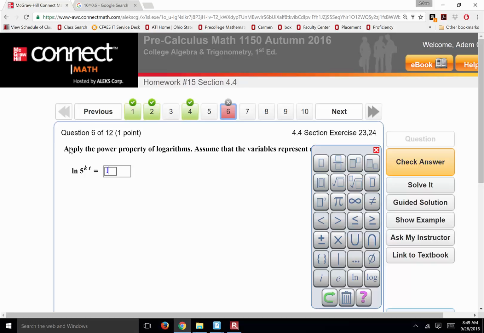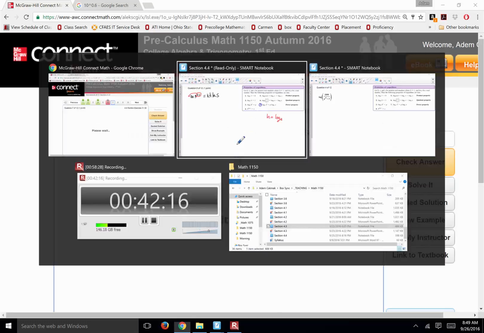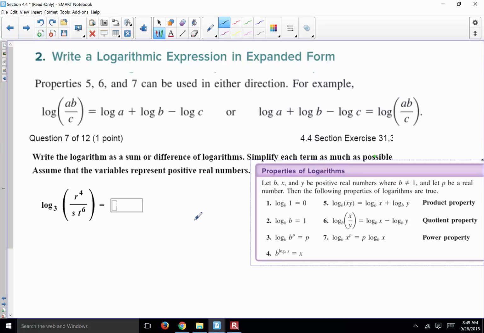Reset. I'm gonna use this button. No, it doesn't like log e. It's not that smart. So whenever you have log base e, change it to ln. We actually never use log base e. Always we go with ln.